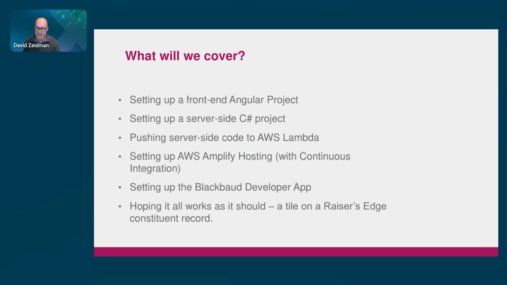And with that, we're going to be using continuous integration. Then we will work on setting up a Blackbaud developer app. And then finally, hopefully, it all should work. That's the idea. It should be a tile on Raiser's Edge, specifically on a constituent record.